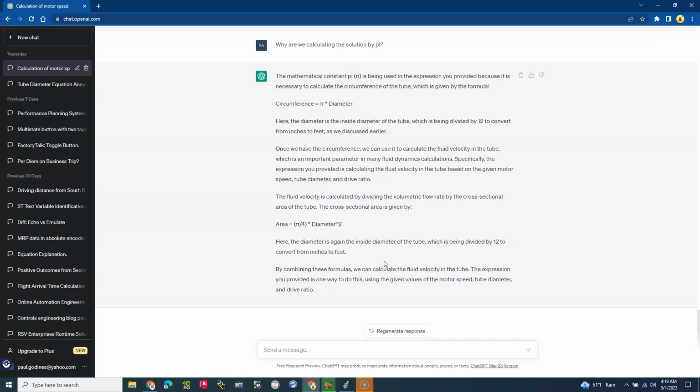The expression you provided is one way to do this, using the given values of the motor speed, tube diameter, and drive ratio. We need to have the fluid velocity of the tube. So here, specifically, the expression you provided is calculating the fluid velocity in the tube based on the given motor speed, tube diameter and drive ratio.